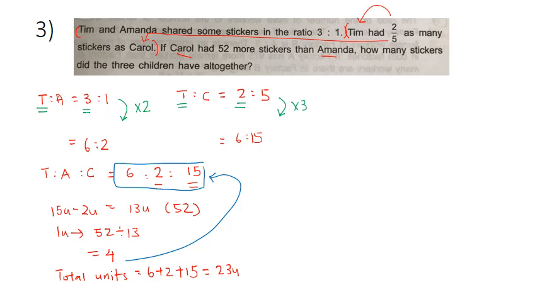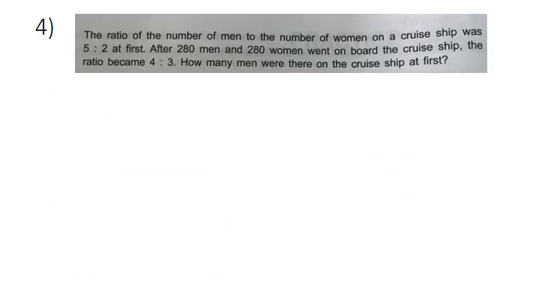Okay, let's try again. Since 1 unit is 4, 23 units will be 4 times 23. And that will give us 92 stickers.